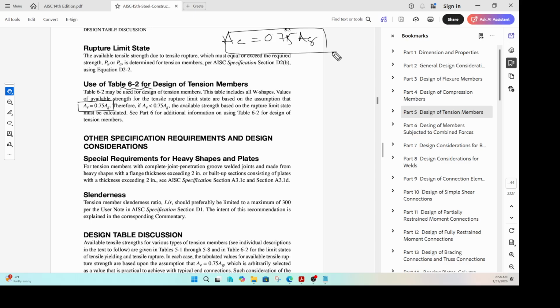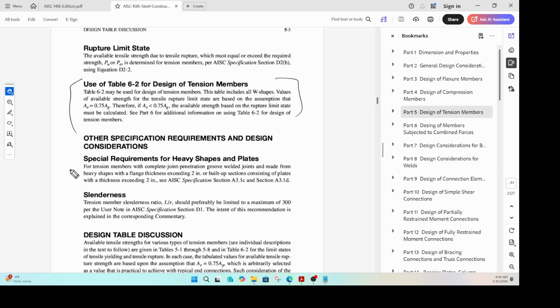This assumption is good in an office setting. If you're an employee working on steel structures, this is a good guideline or starting point, but it is not useful in an exam setting. In an exam setting, rarely will your AE be 0.75 times AG. So all these tables are pretty much useless in an exam setting.